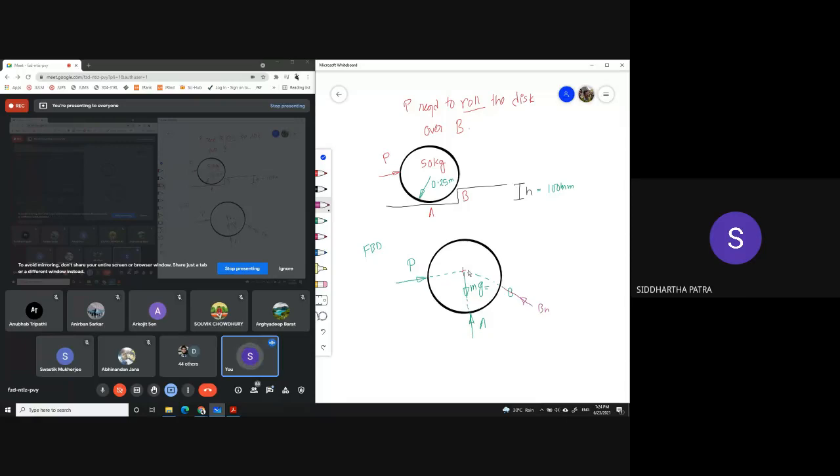But in order for an object to roll on a given point or roll on a given line, there has to be something called no slip. It cannot actually slip on B, which basically means that at B there is sufficient friction to prevent any sliding. So the situation at B is static friction.